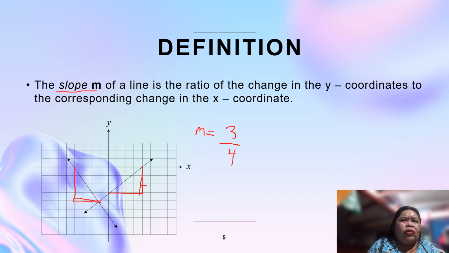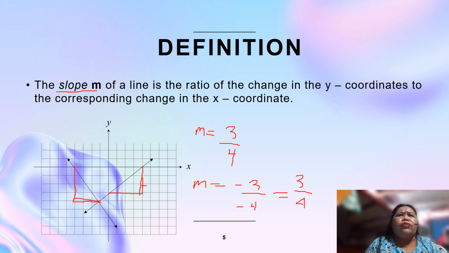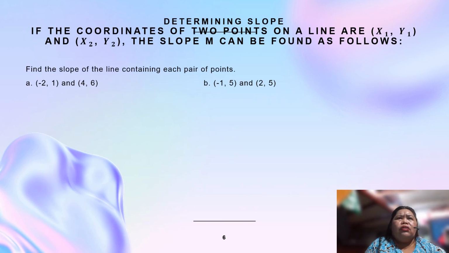For the second slope, we have m is equal to 1, 2, 3, so negative 3, and 1, 2, 3, 4, that's 4, so the slope is negative 3/4. That's how you are going to read the slope if you are given a graph. Okay, next.